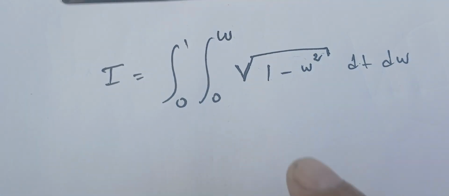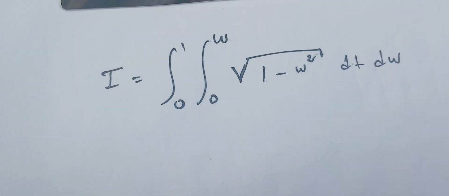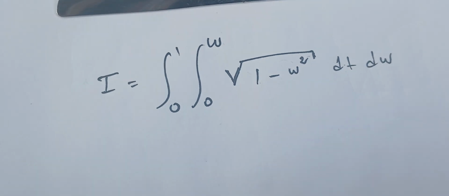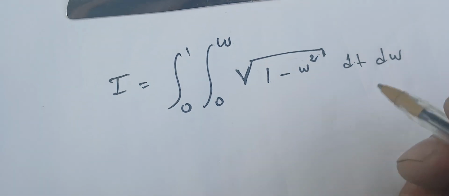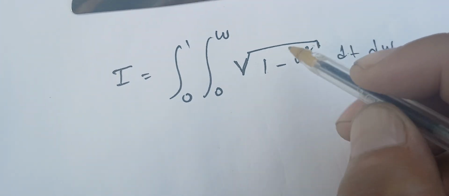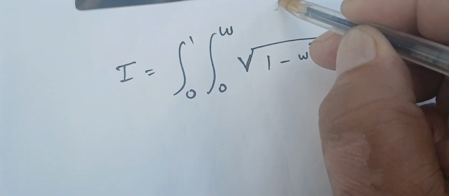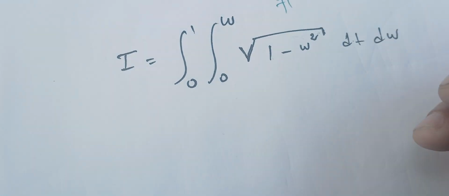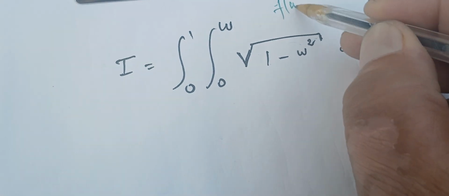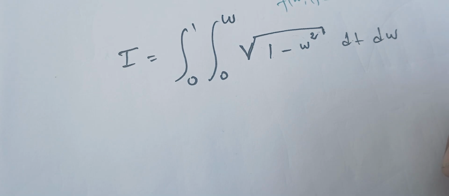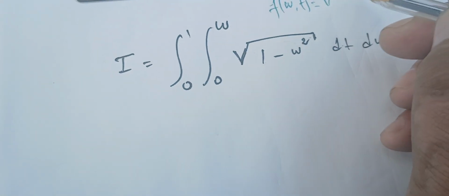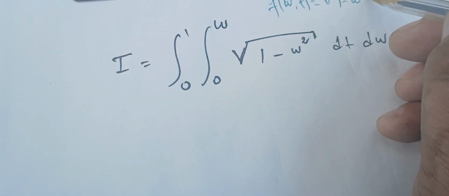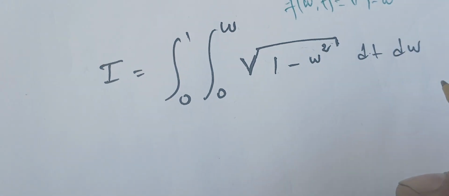Let's compute the following double integral. In our case here, we need to note that our function depends on two variables, omega and t. It is given by the square root of 1 minus omega squared.